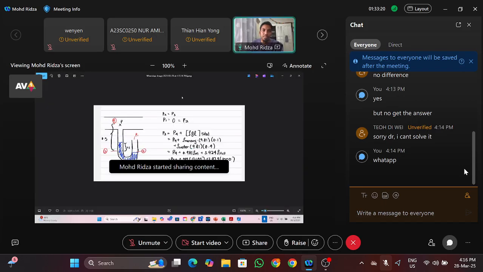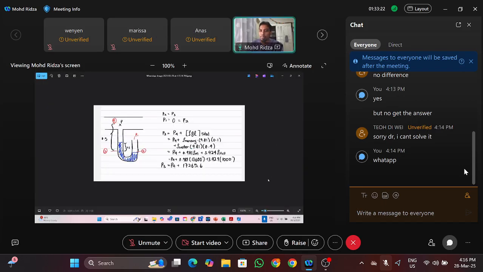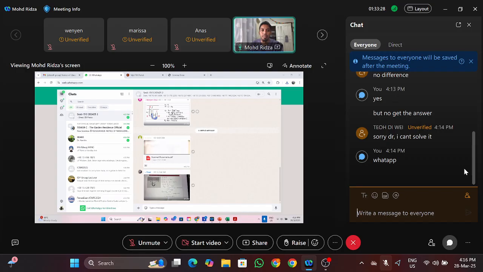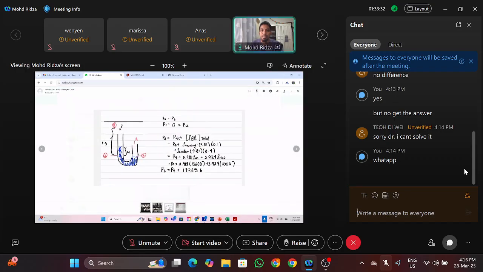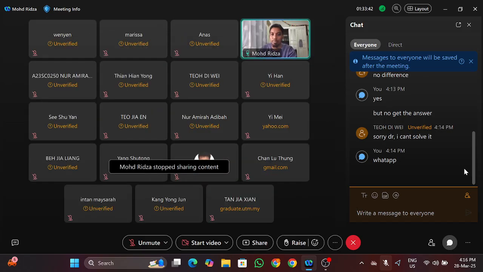So I hope you can see this is Wen Yen's solution. How do I do this? I want it side by side with the picture.